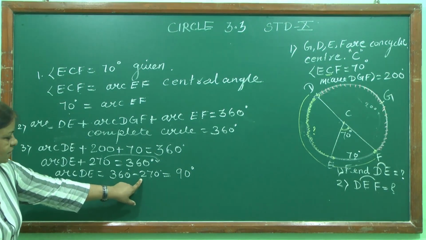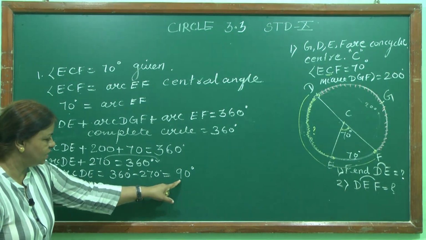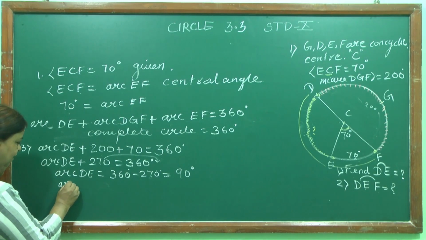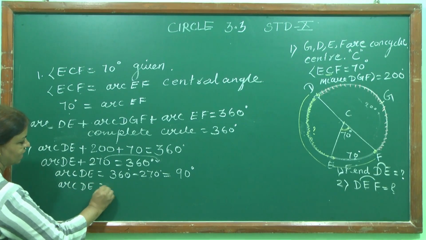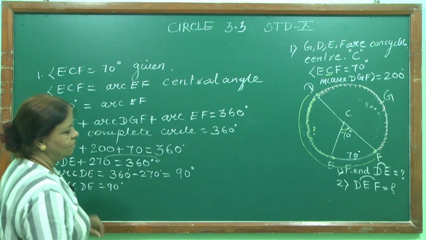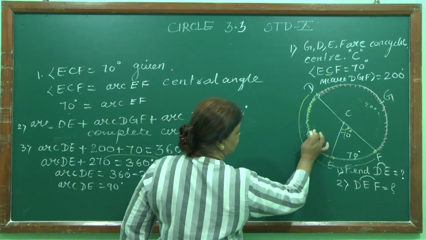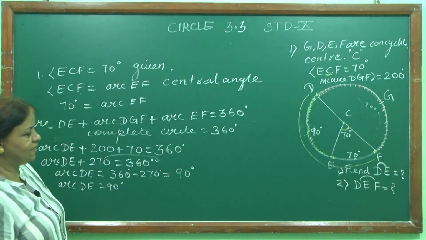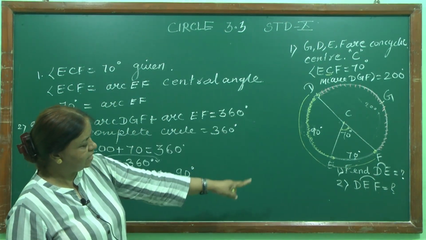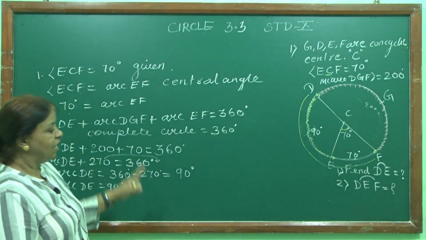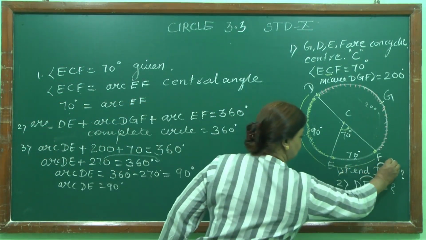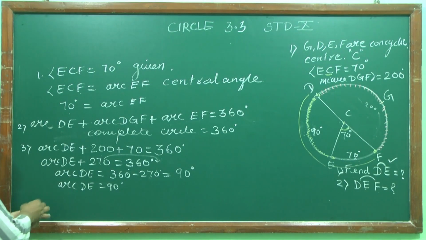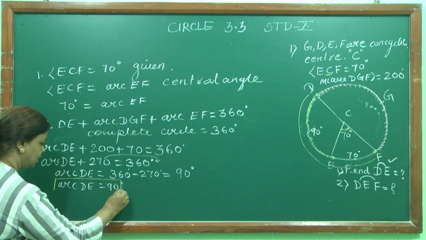So arc DE we got as 90 degree. In the figure I am writing it so it becomes easy for you to understand. So arc DE is 90 degree, EF is 70 degree. I can put a box around it.